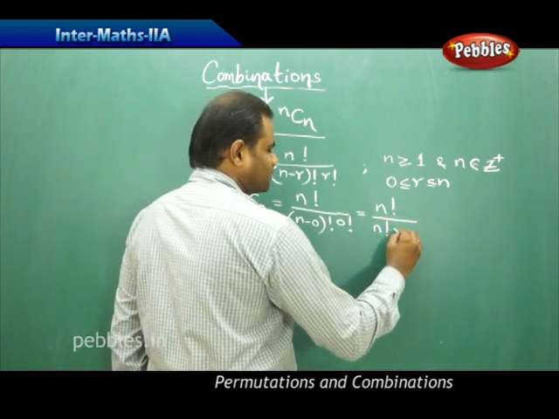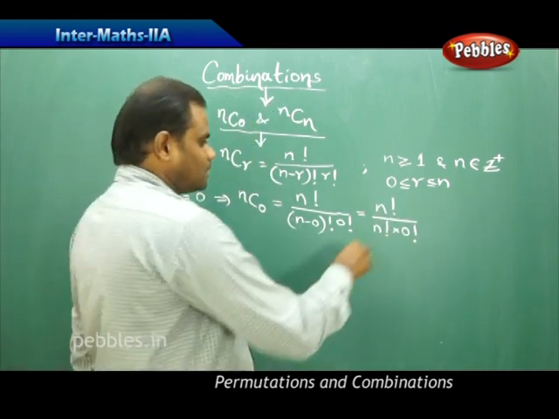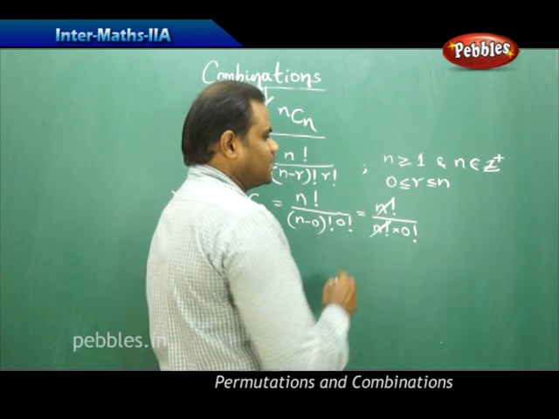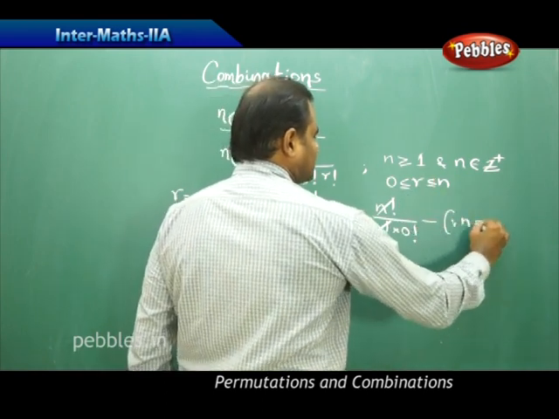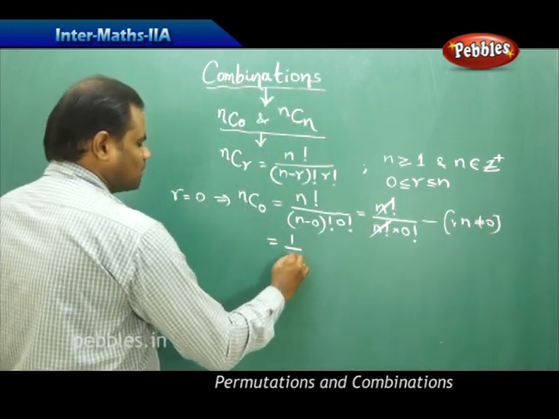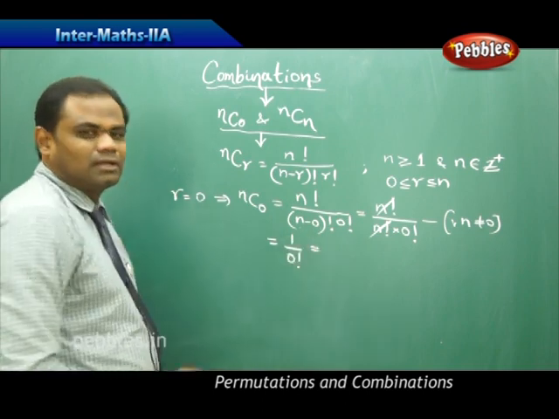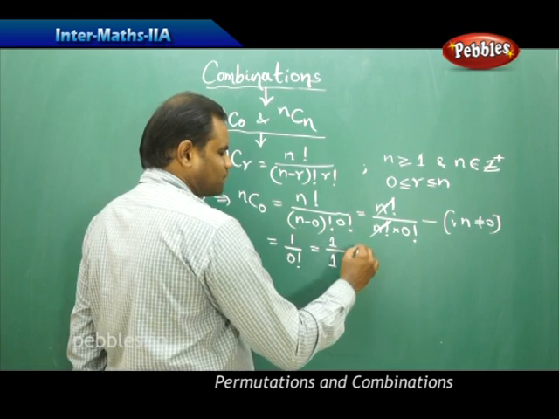Now this gets cancelled because n is not equal to 0. Since n is not equal to 0, I can cancel, and this reduces to 1 by 0 factorial. And we all know that by convention 0 factorial is 1.